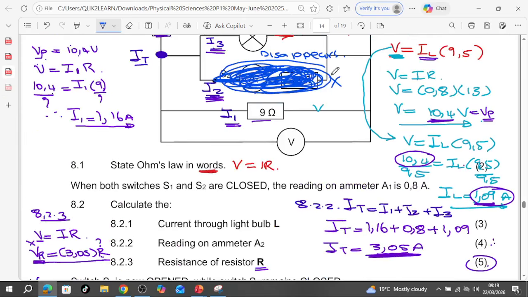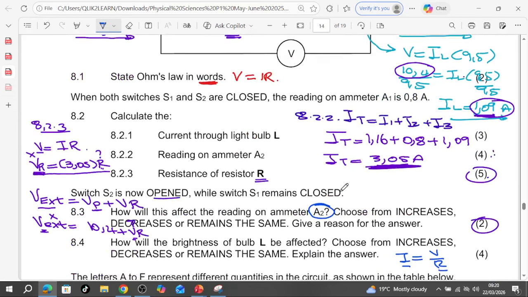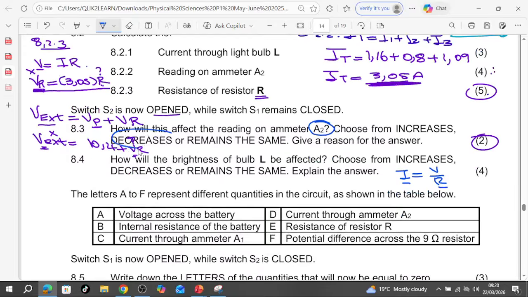We removed a resistor, right? Okay, I'm just going to take it like this: if I remove a parallel branch, I'm increasing the total resistance. So the total current decreases. So the answer is going to be decrease.